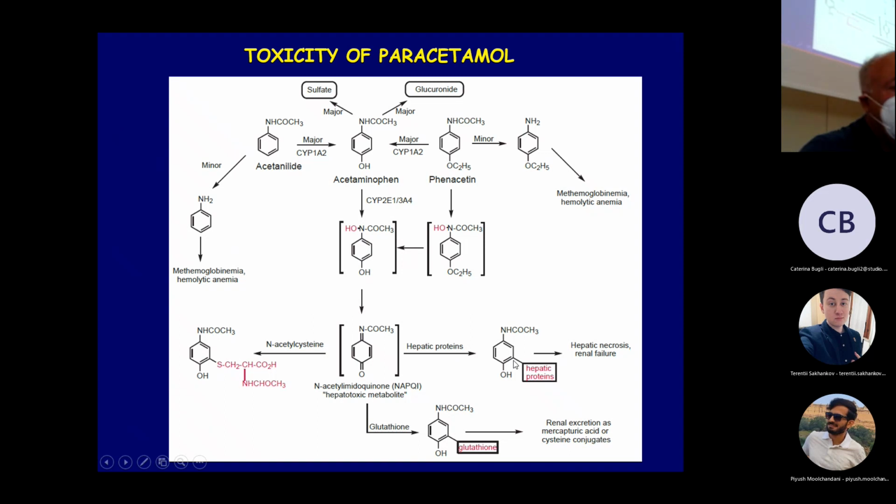So we can have the formation of a covalent bond in the active site of the hepatic enzymes. And also hemolytic anemia, so you see, is not so safe, this compound.